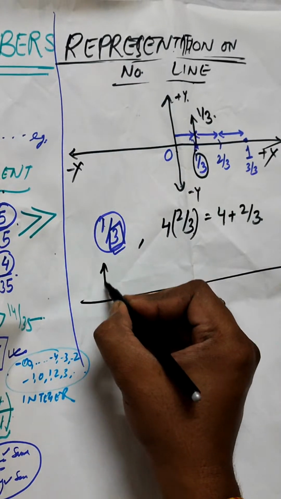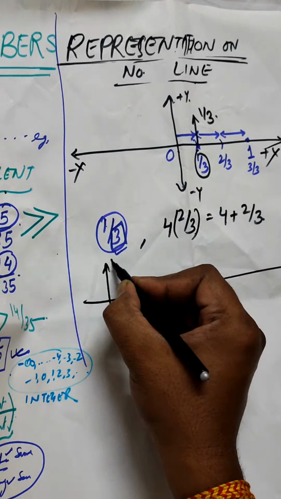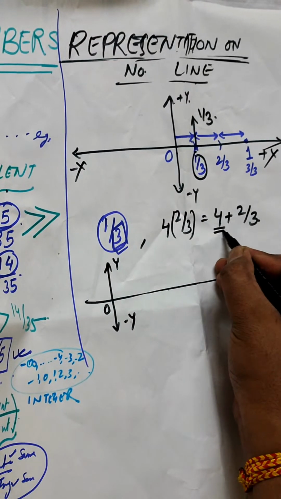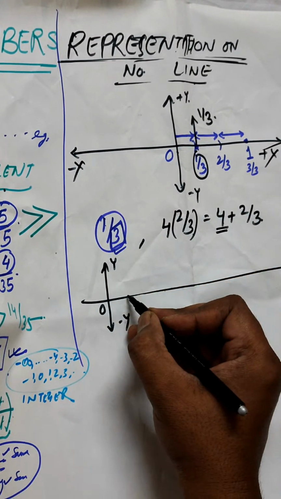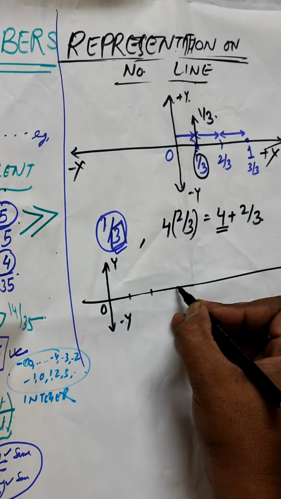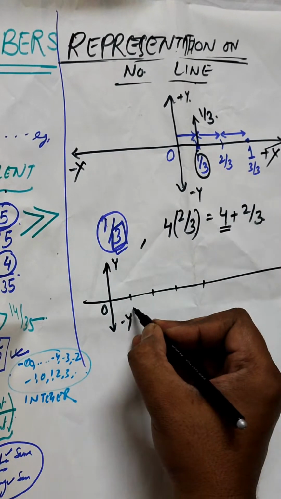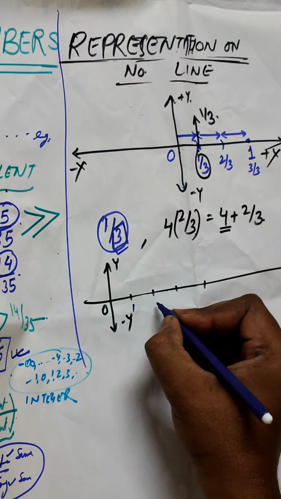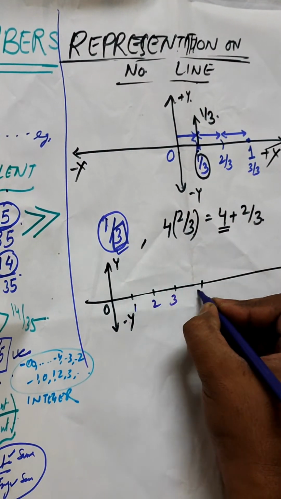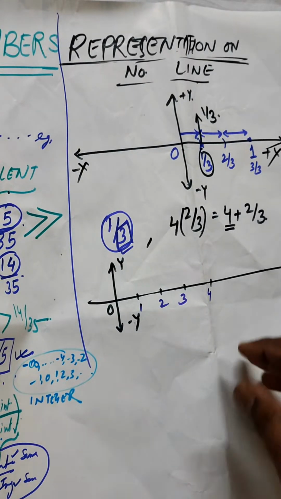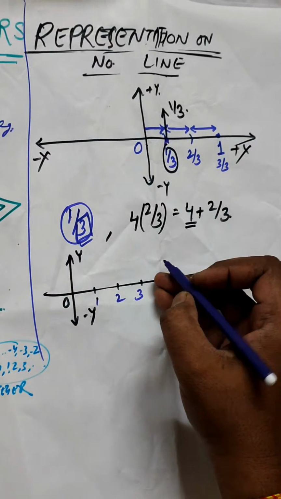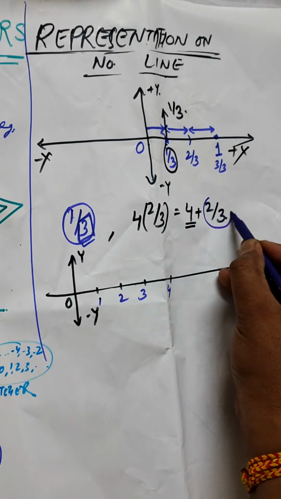So on the number line, if this is the origin, just count 4 first. So 1, 2, 3 and 4, right? And after 4, it will be 2 by 3.